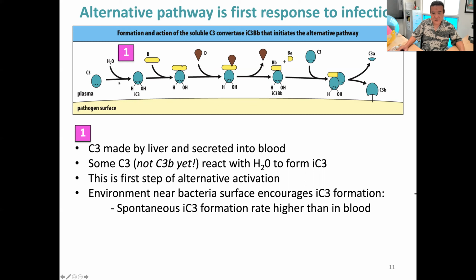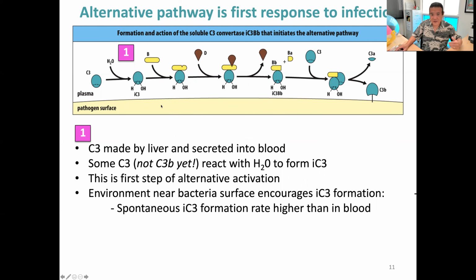So step one is that the complement C3 does react with water, in a step that begins the activation process. This C3 interacts with water to form what we call iC3. The C3 is still intact, but because of this preliminary interaction with water, it is now prepared to activate.